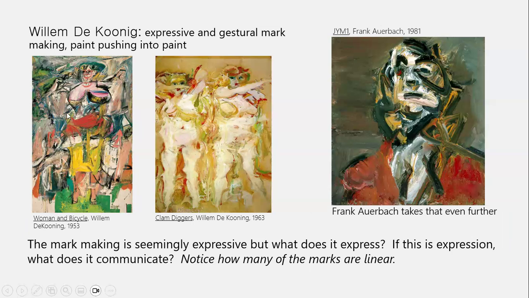But knowing the body of work of de Kooning, I feel like the mark making seems pretty normal. It's just de Kooning and the way he makes marks. It's not particularly aggressive or particularly agitated.